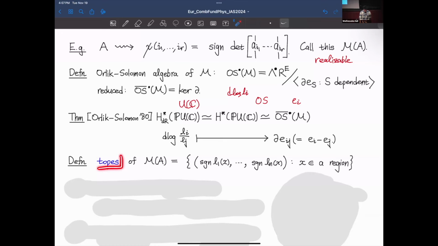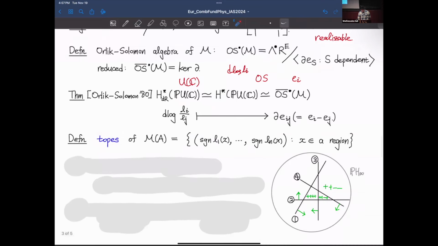And this is also well known in the oriented matroid context. It's called the topes of an oriented matroid. Let me only define it in the case where I have a realizable matroid, although one can define it for an arbitrary oriented matroid. Let me have some example. For each connected region, I pick a general point in the region and see what the sign is under the linear functionals. So for instance, in this picture, I have these linear functionals with these directions.